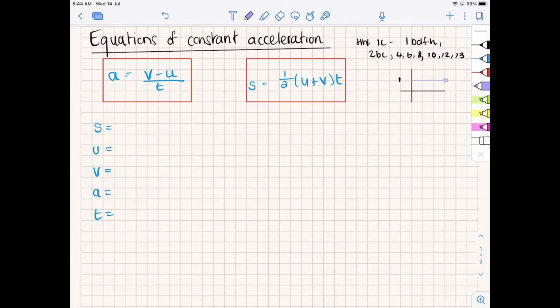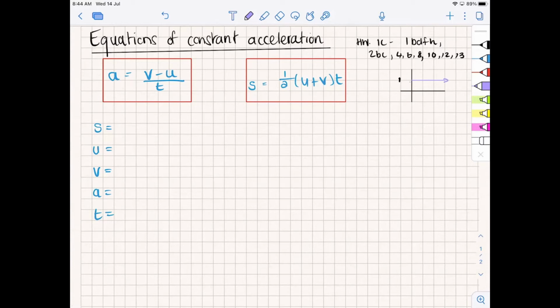They're like having weapons in your toolbox. The more tools you have, the better. So we're going to learn different types of equations. Very importantly, these only apply to constant acceleration. Okay?